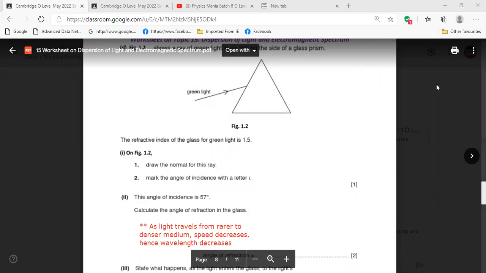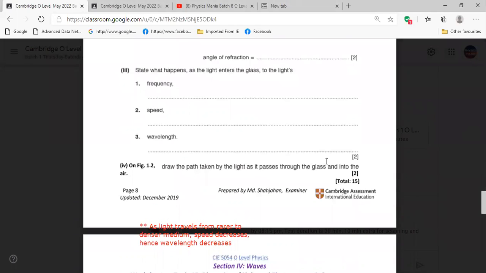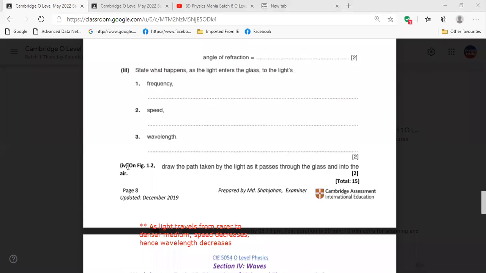Now we are going to next part, 1D, last part. Farabi, read the last part.